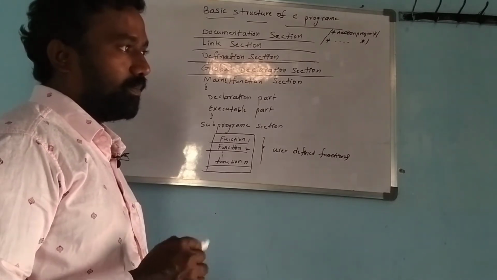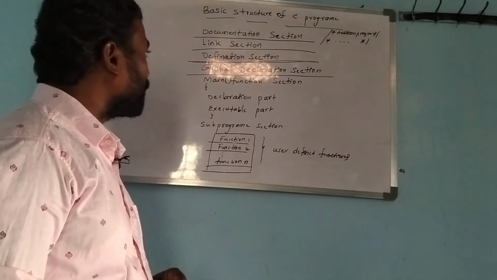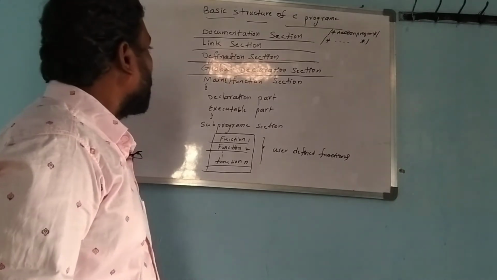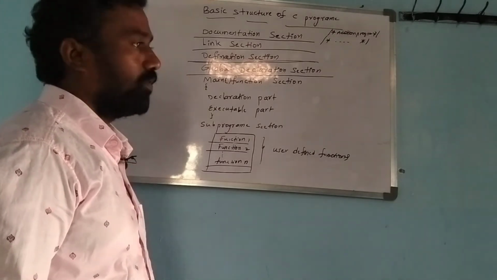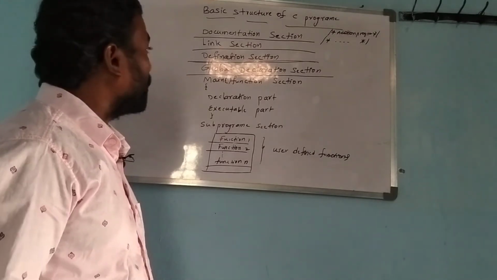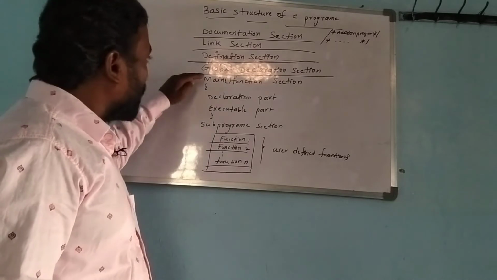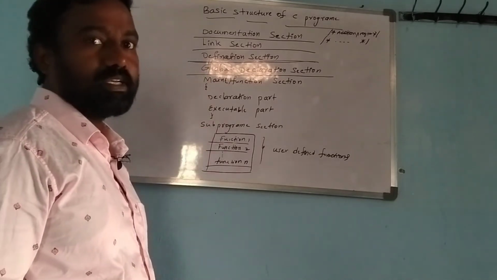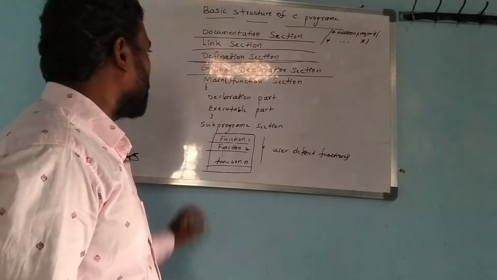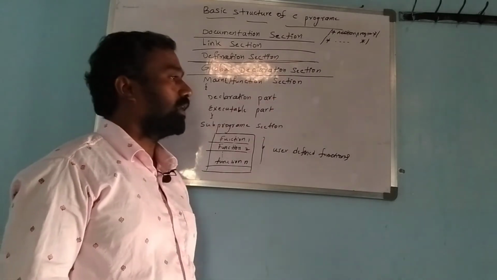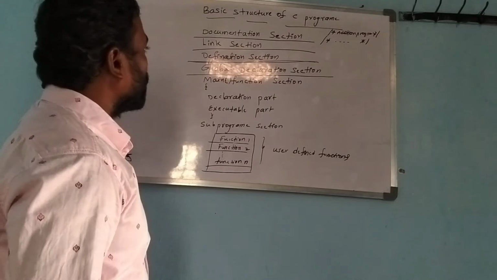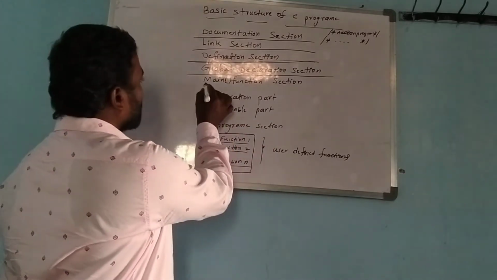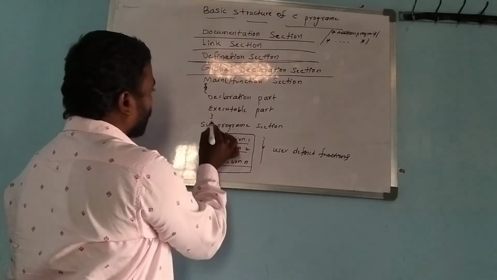Global variable means the variable which is declared outside the main function. Local variable means the variable which is declared within the main function.